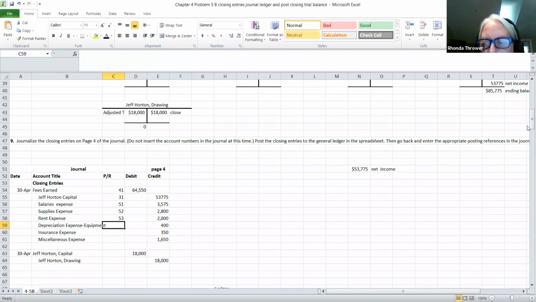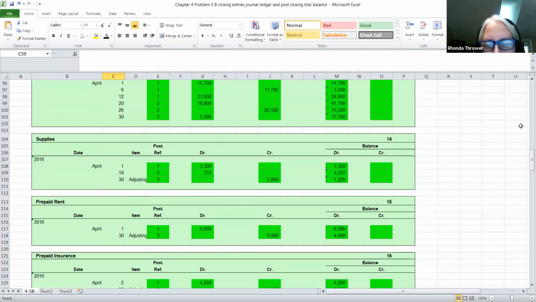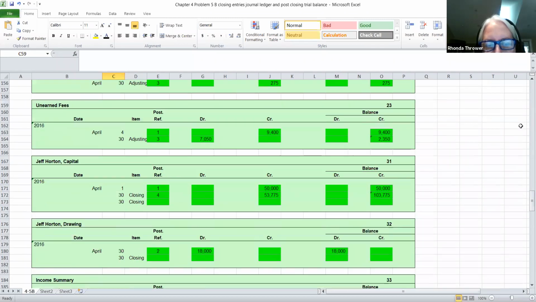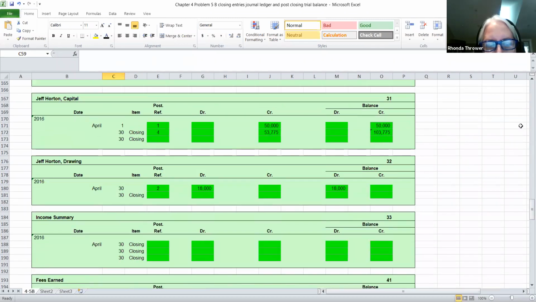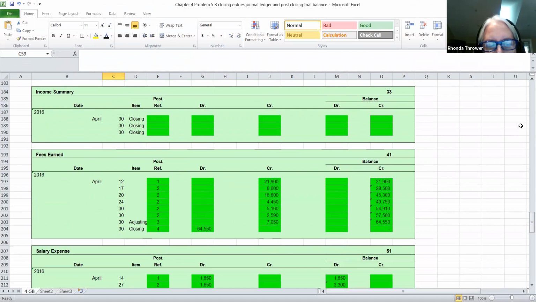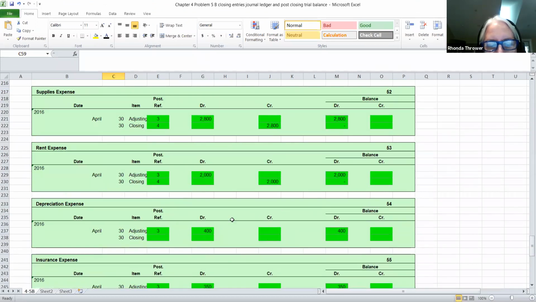I'm going to go to my depreciation expense account. And I've zeroed out my depreciation expense account in my ledger.